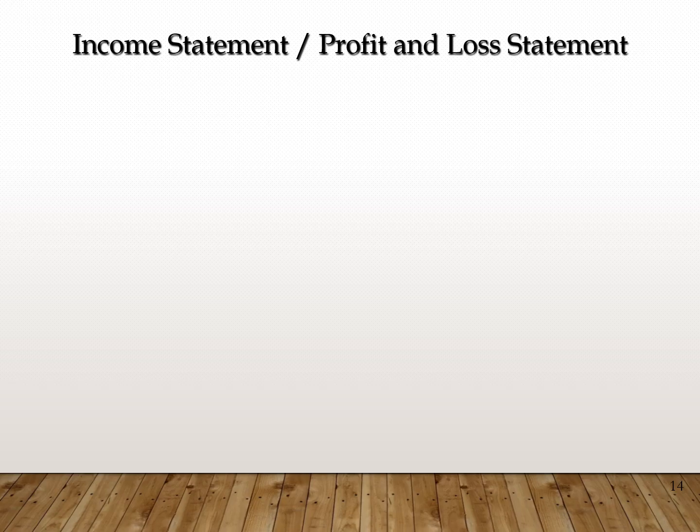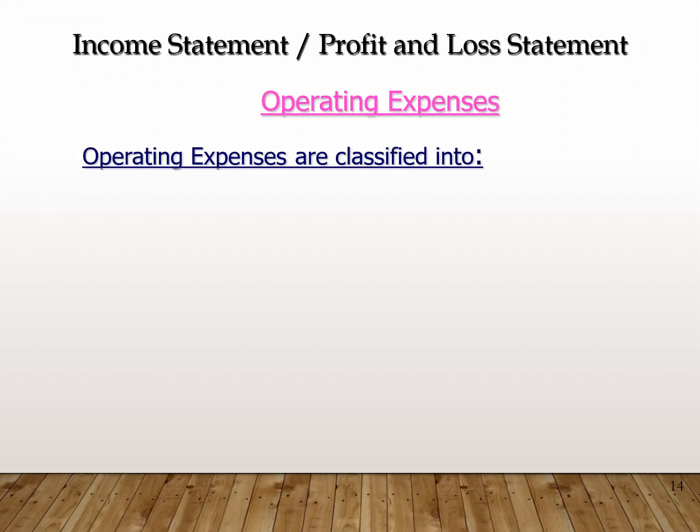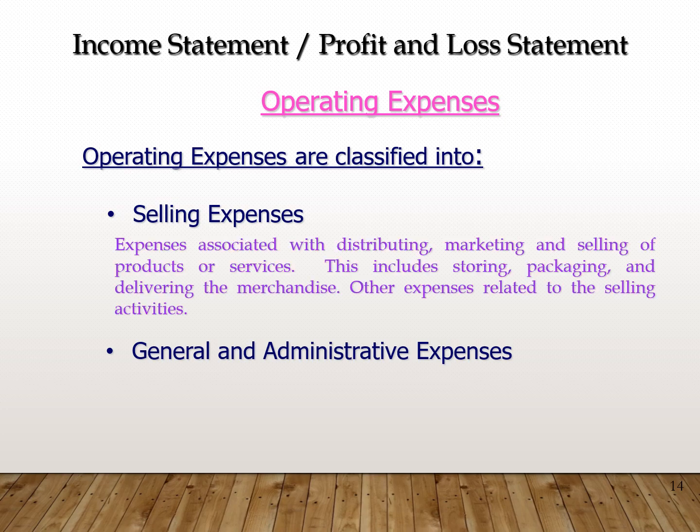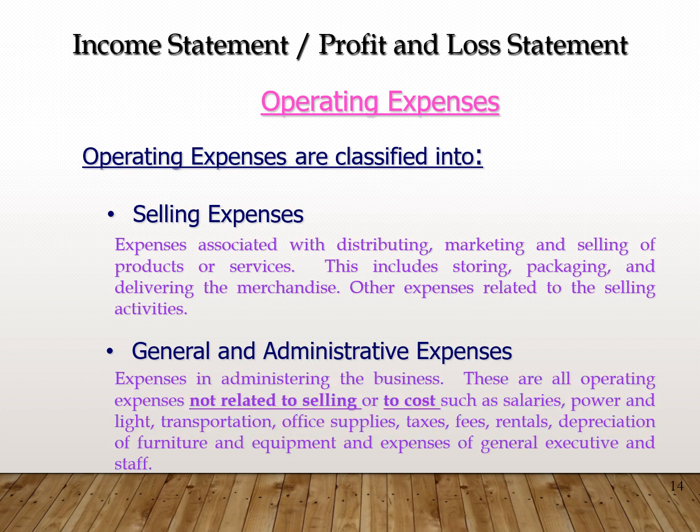Next item in the income statement is the operating expenses. Operating expenses are classified into selling expenses, general and administrative expenses. Selling expenses are expenses associated with distributing, marketing, and selling of products or services. This includes storing, packaging, and delivering the merchandise, and other expenses related to the selling activities.